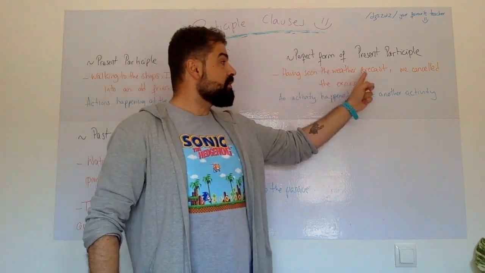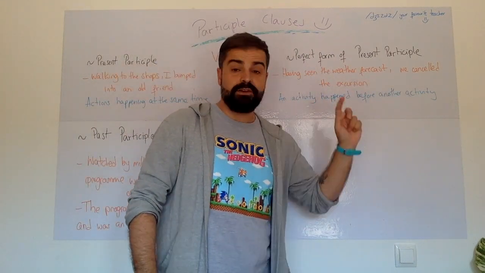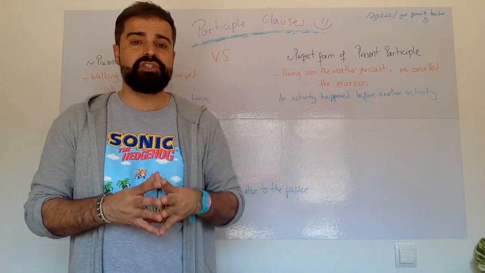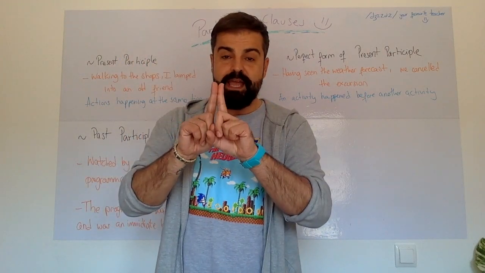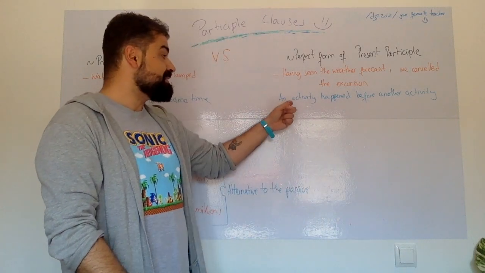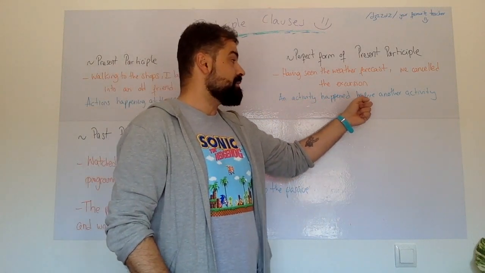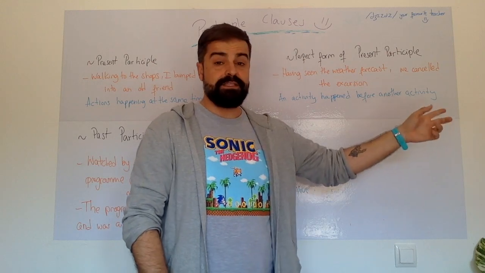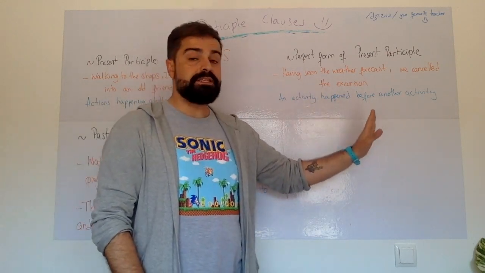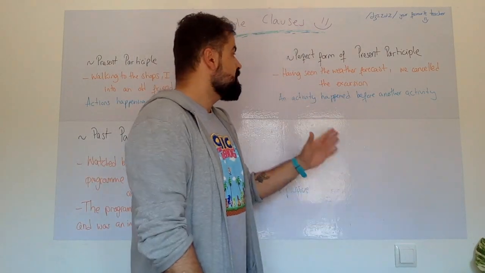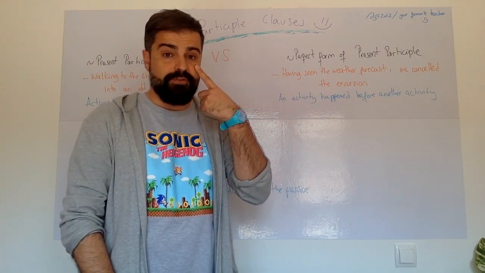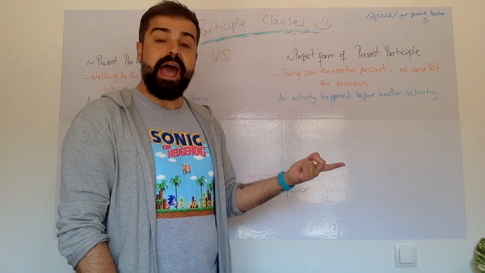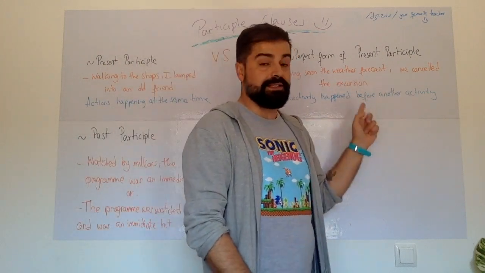In this situation, this is not about two actions happening at the same time, but it is an activity that happened before another activity. So what happened first? That we saw the weather forecast. And what happened after? That we cancelled the excursion.